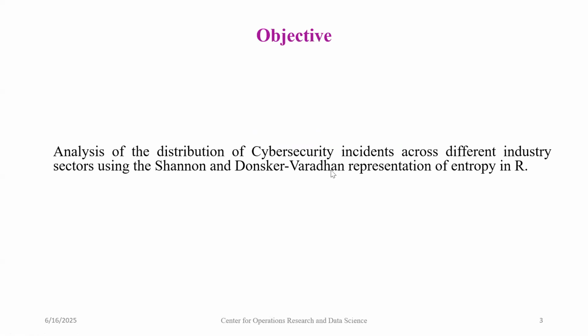In today's video, we will analyze the distribution of cybersecurity incidents across different industry sectors using the Shannon and Donsker-Varadhan representation of entropy in R. In information theory, entropy is a measure of uncertainty or randomness.